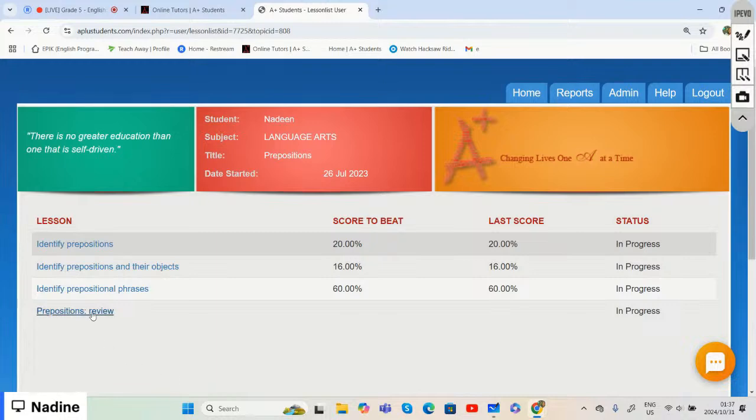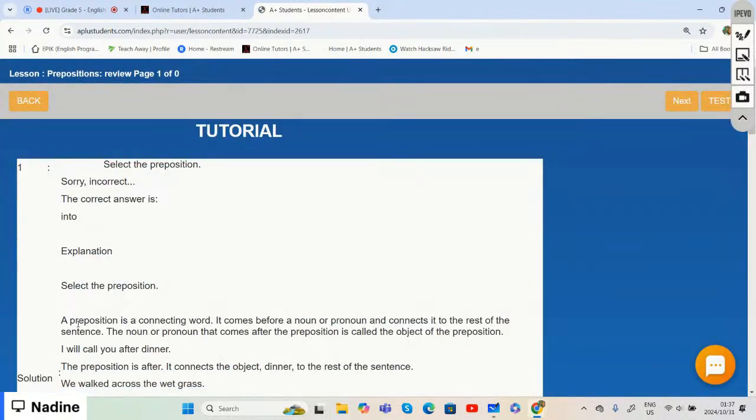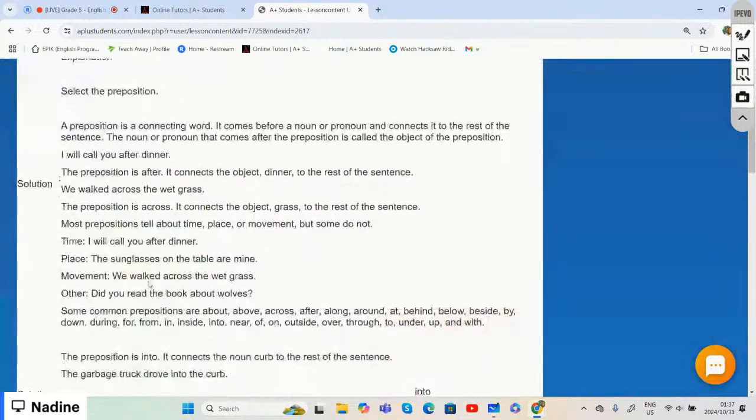All right, so now we're going to do a prepositional review, on the things that we did already. Remember, a preposition is a connecting word.